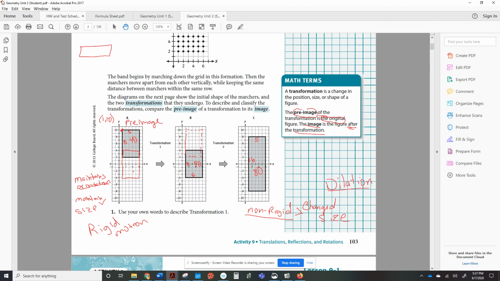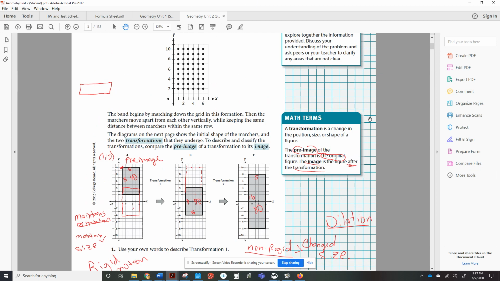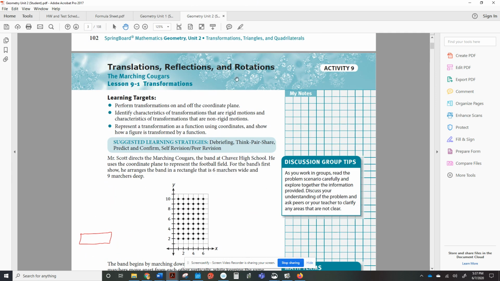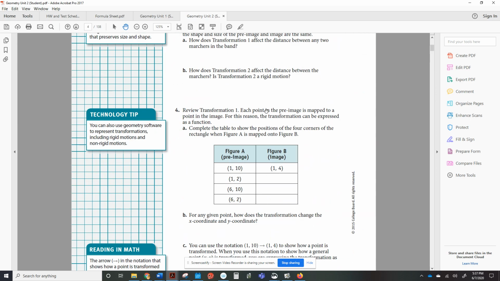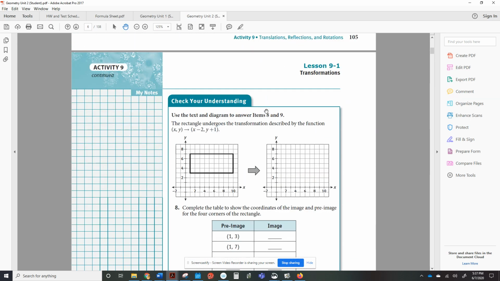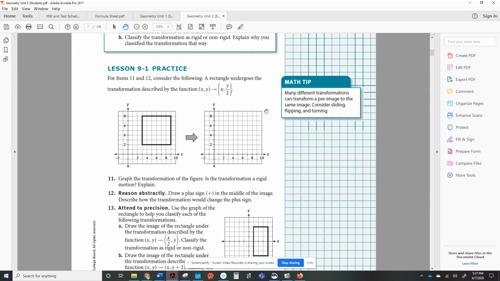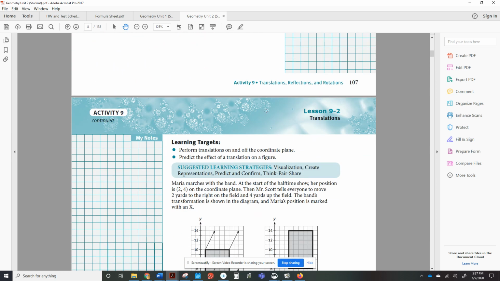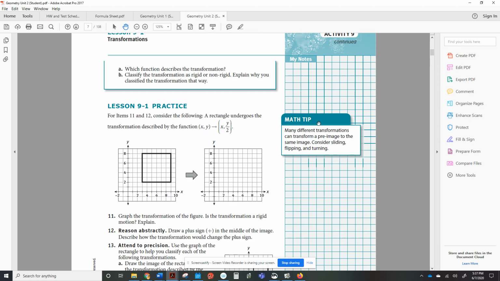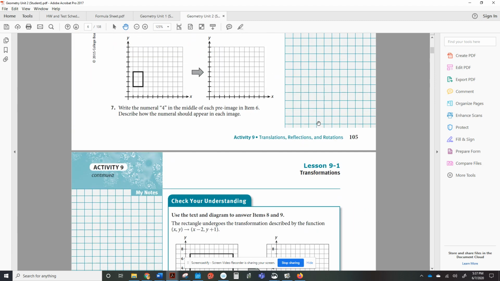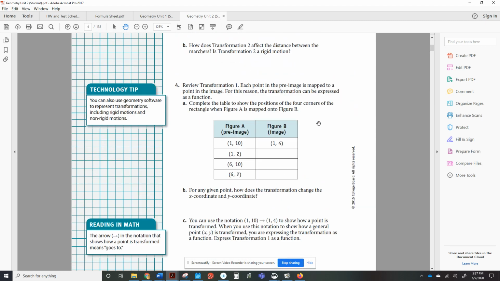You'll notice that dilation is not even mentioned up here. That's because it's in the next section. I think it must be in lesson 10. But anyway, you will do dilations somewhere in the near future.